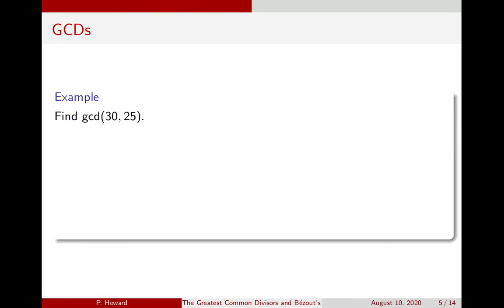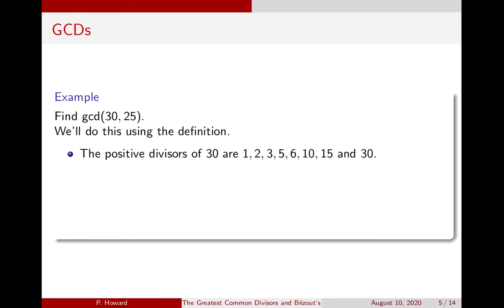So let's try finding the greatest common divisor of 30 and 25 using the definition. So the plan is to list the divisors of 30, and we will list only positive divisors. The positive divisors of 30 are 1, 2, 3, 5, 6, 10, 15, and 30.